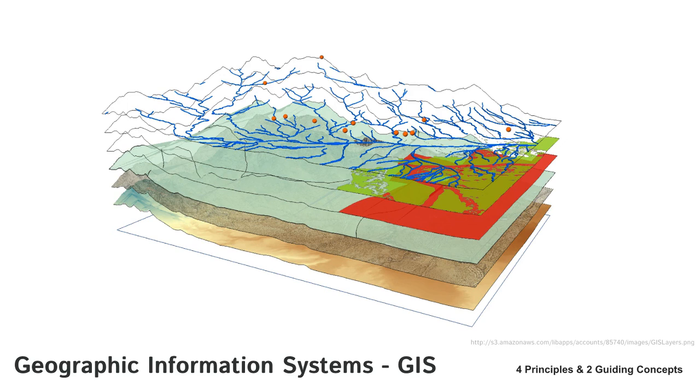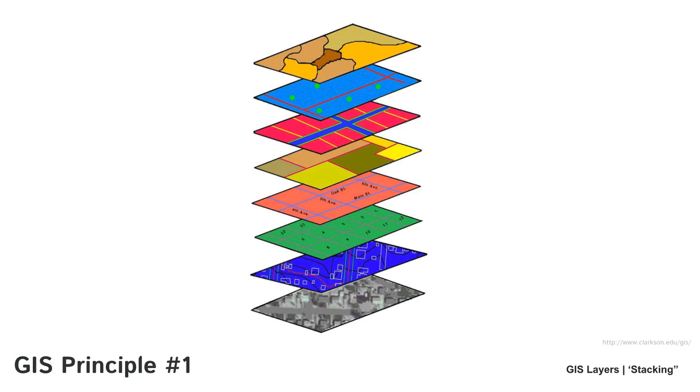So a GIS system uses the stacking principle to thematically organize across different layers of information. And importantly, all that's referenced to actual space. So the GIS layers are a very effective model of actual space that exists in our world.